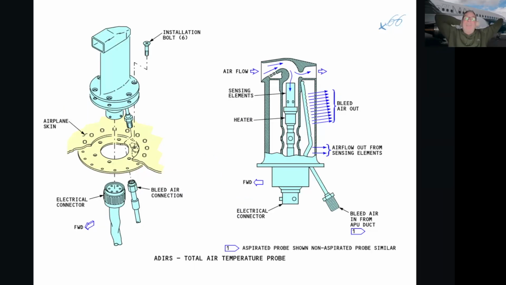TAT is not the outside temperature. OAT is the outside temperature. The total air temperature is used by the flight management computers to calculate how much N1 you need for the engines, how much thrust.